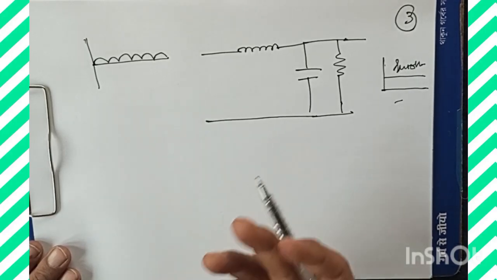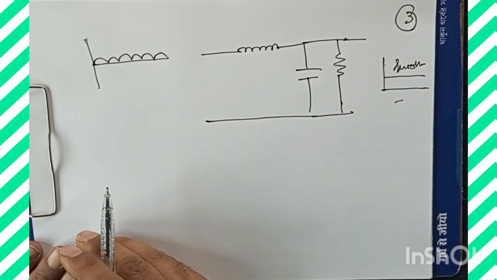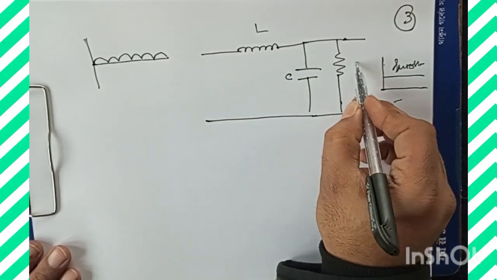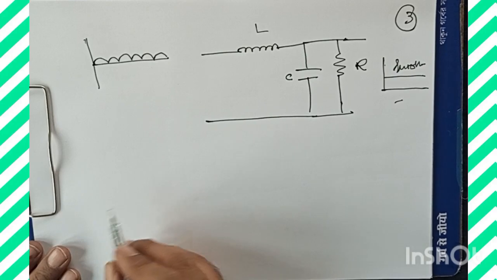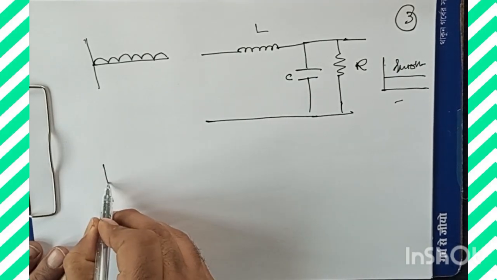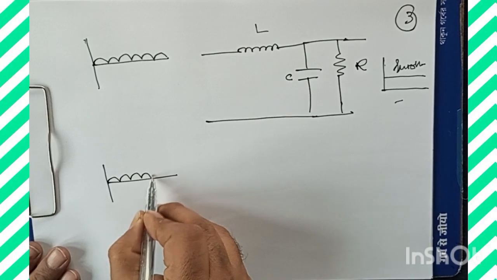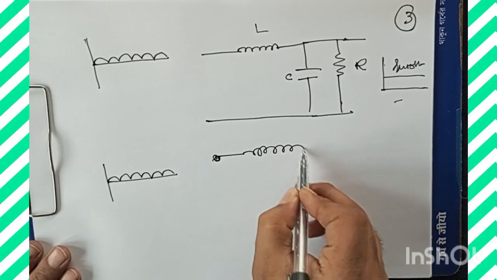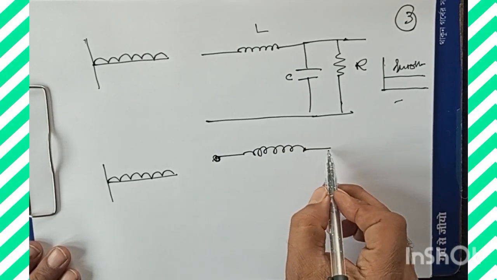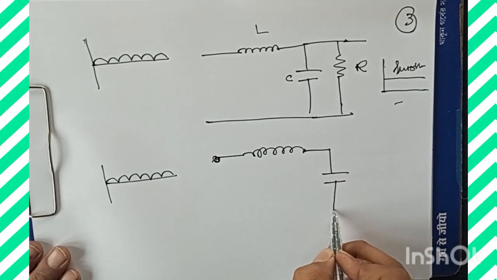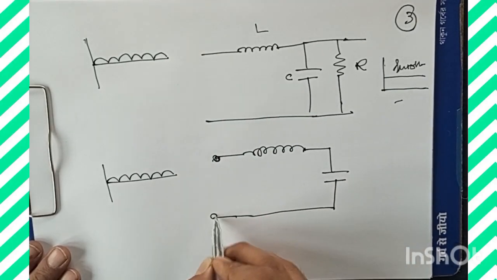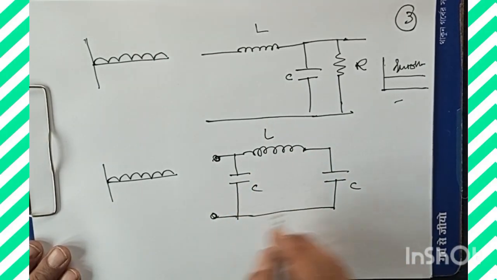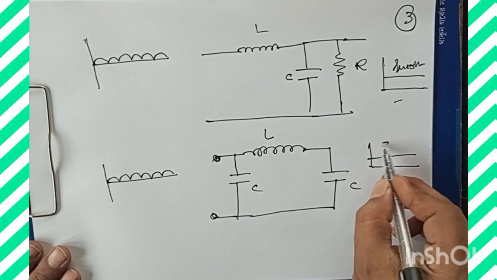There can be many combinations of inductances and capacitors that we can use to have better filtration of ripples in the pulsating signals. We can also have an inductance, then a capacitor, and then another capacitor, and we have a smooth output.